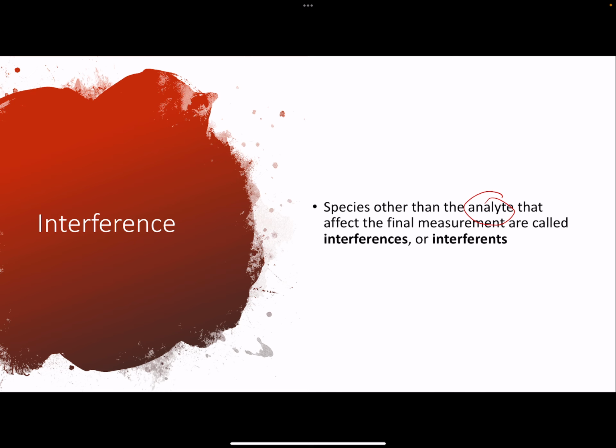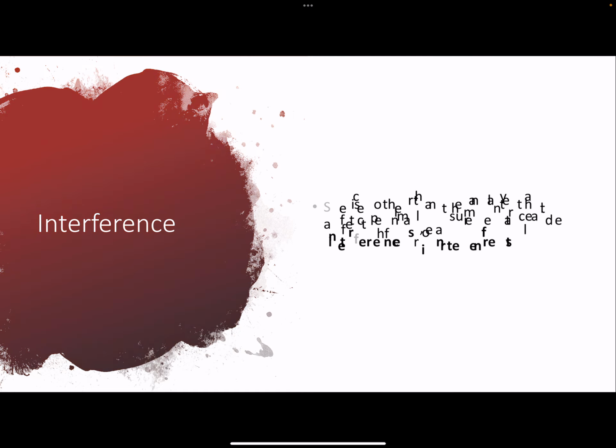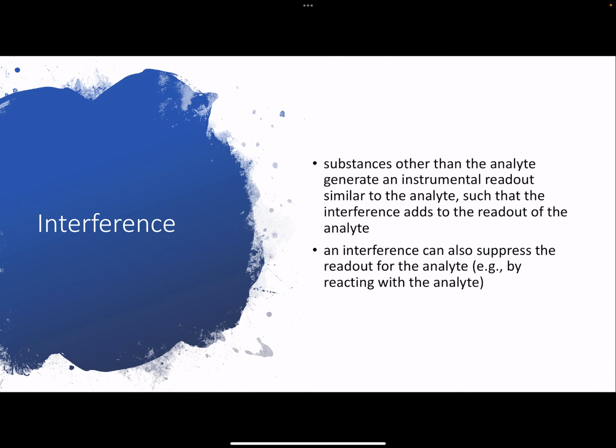This is any chemical constituent that is not our analyte, or rather not what we are looking for. These are what you call interferences. Substances other than the analyte generate an instrumental readout similar to the analyte such that the interference adds to the readout of the analyte.